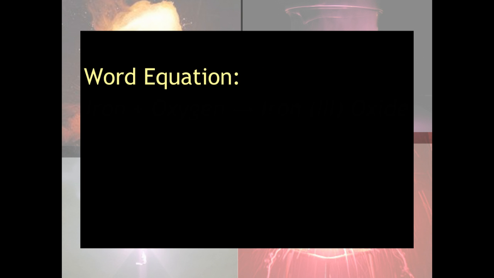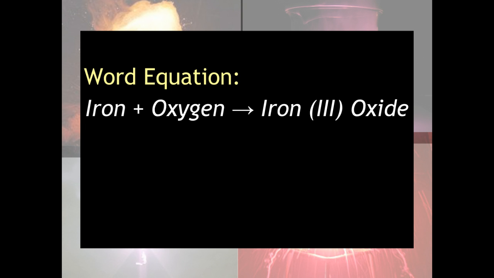So here's an example of a word equation. Iron plus oxygen. It's written out, the actual word, not the formula. Yields iron 3 oxide. There's those Roman numerals again. You have to remember that information in order to decide, when iron and oxygen react, what will it produce?